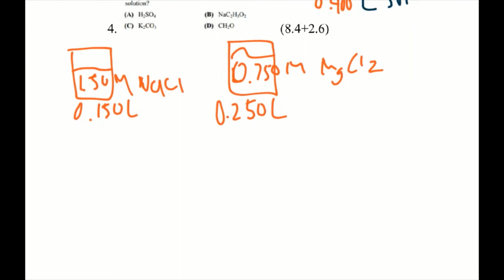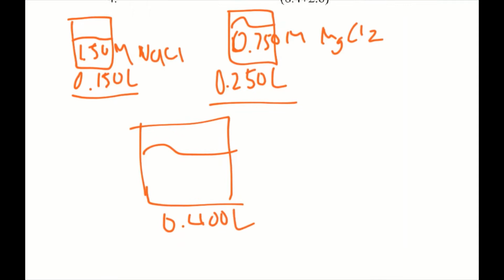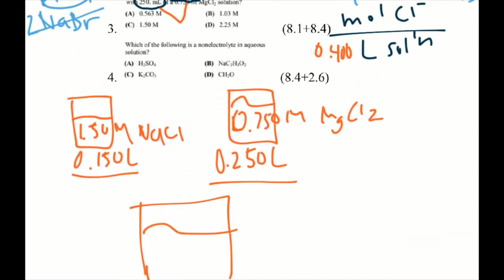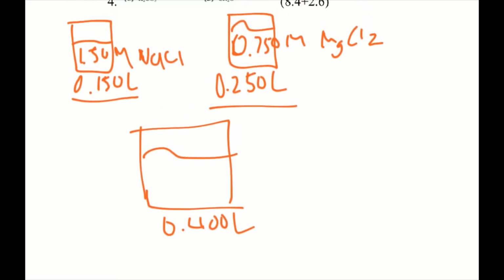So when you add these two up, as you can see, the volumes are additive, and if you add 0.15 liters and 0.25 liters, you will get, of course, 0.400 liters. But now we have a bunch of ions, and we need to find the moles of chloride. So how do we do that?